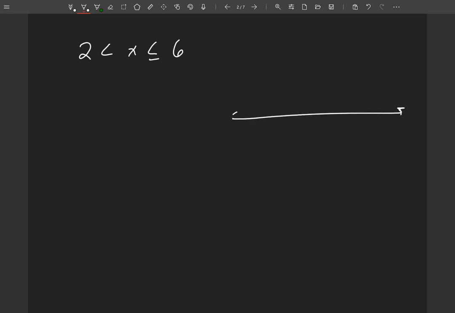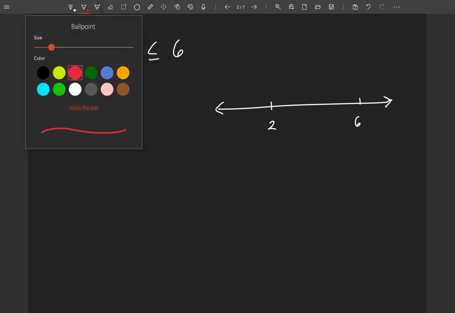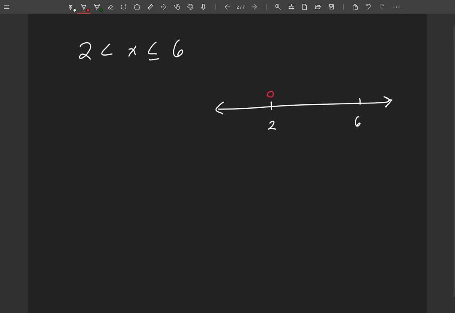I'm going to draw my line here. My drawings are getting worse as I go. Arrow, arrow. And here's my 2. Here's my 6. I'm going to notice that there is a non-inclusive 2. We're going to include the 6. And since this means between 2 and 6, I know that my line goes between the 2 and the 6, just like that.